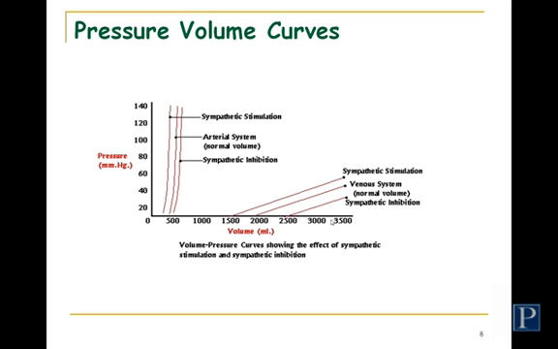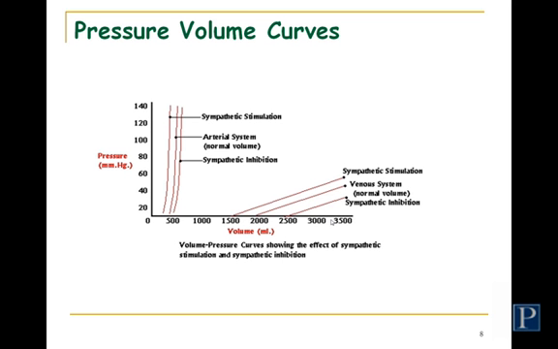So this is the one instance where I really don't care for the picture. So just think about what would happen if you stimulate the sympathetic nervous system and its effects on blood vessels. If you activate the sympathetics, blood vessels in general will constrict. I don't care if it's arteries or veins.